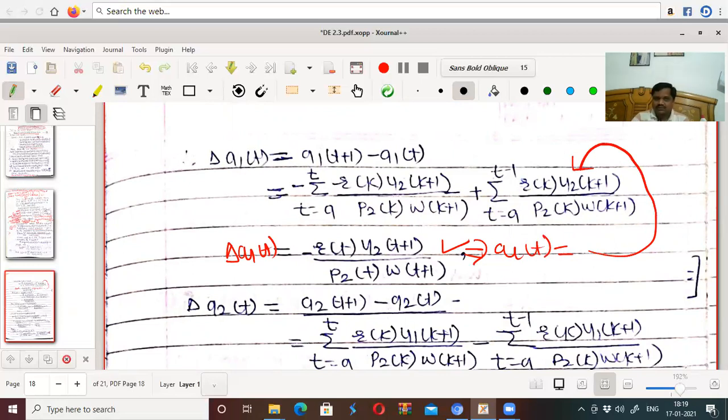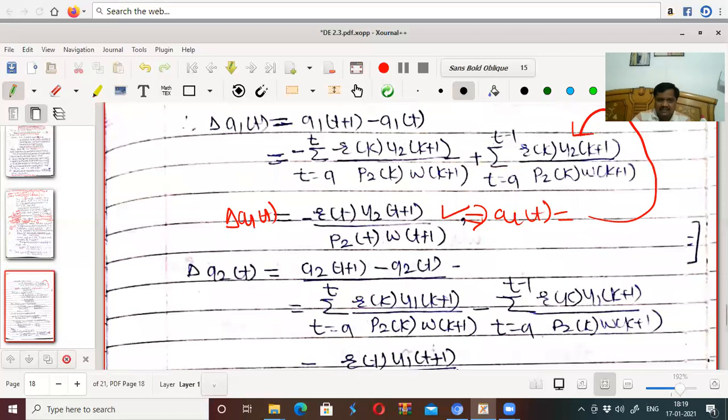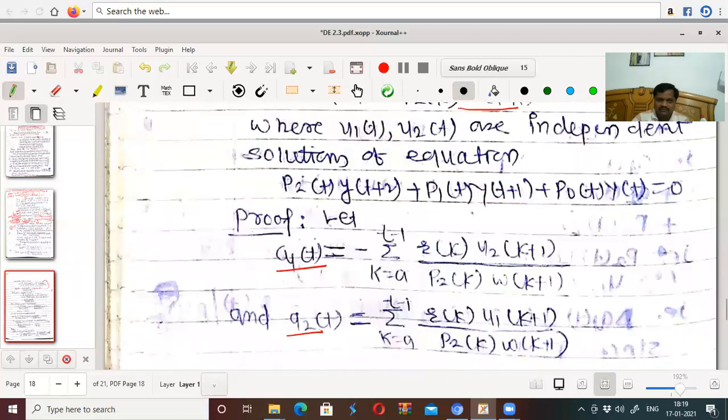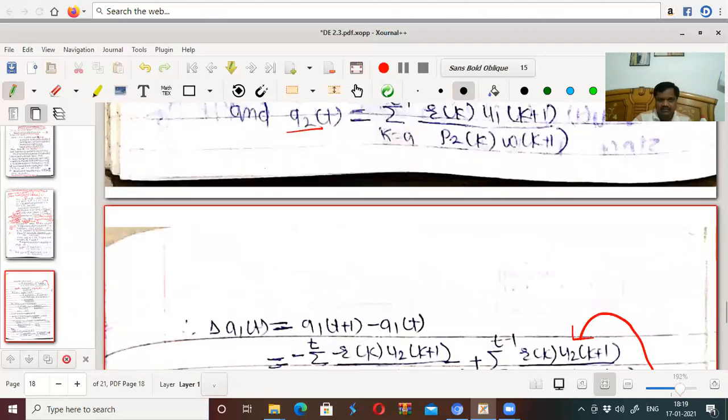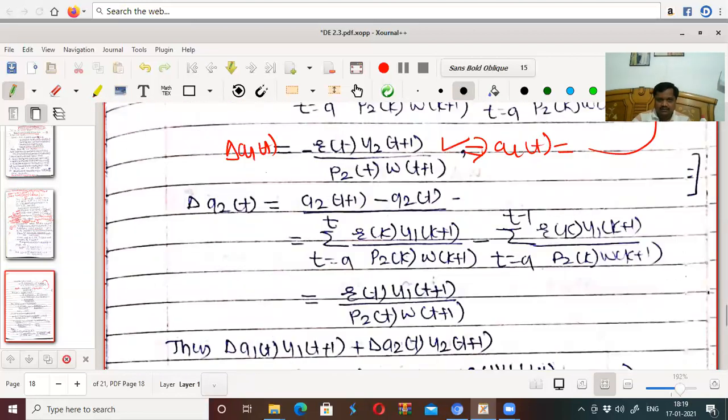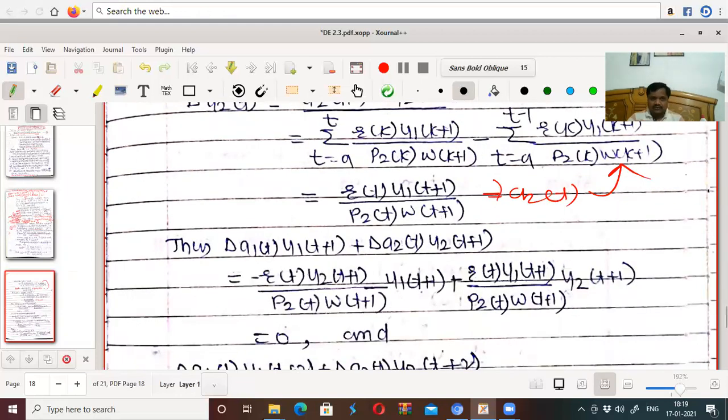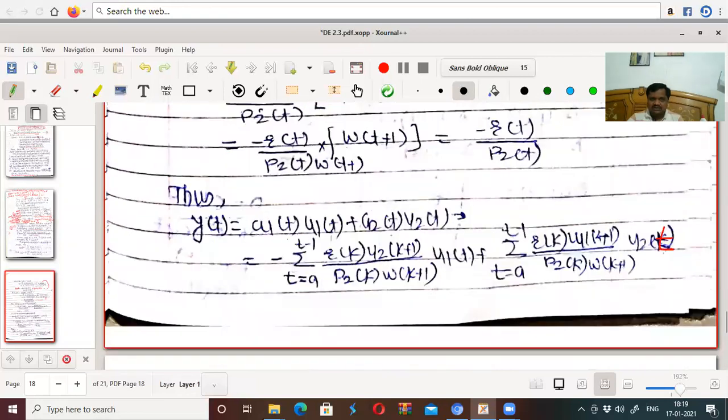Similarly, as delta a2t is from this solution, again by using the previous theorem, that's why it is a corollary, this implies a2t equal to this one simply. So therefore yt becomes a1t into u1t plus a2t into u2t.